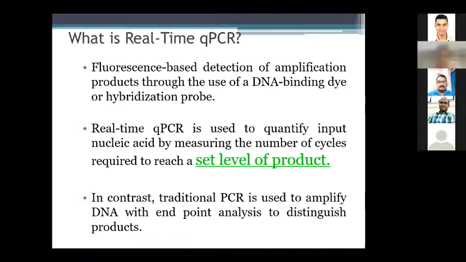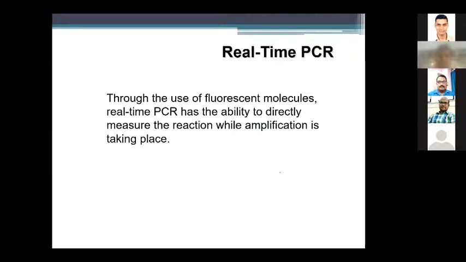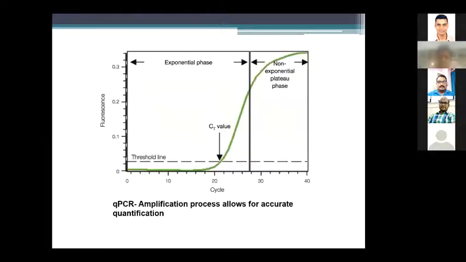In contrast, traditional PCR is used to amplify the DNA with endpoint analysis. Through the use of fluorescent molecules, real-time PCR has the ability to directly measure the reaction while amplification is taking place.